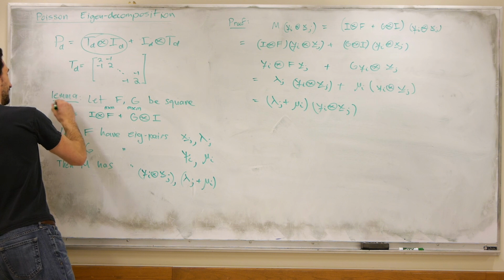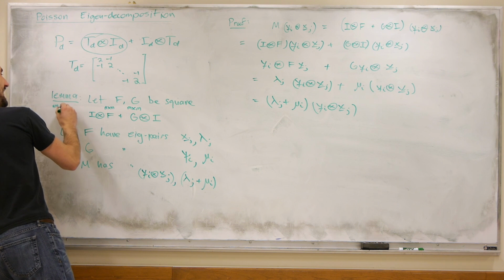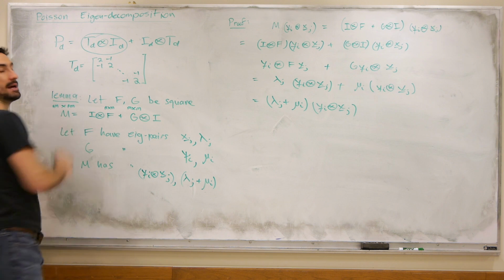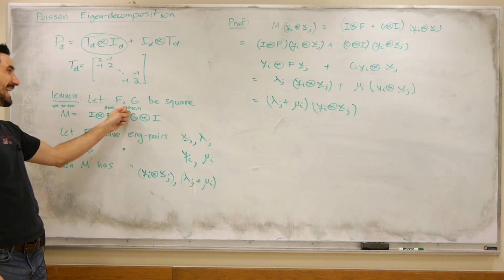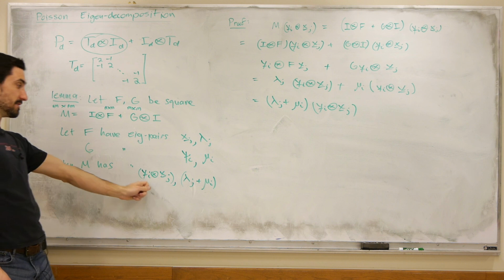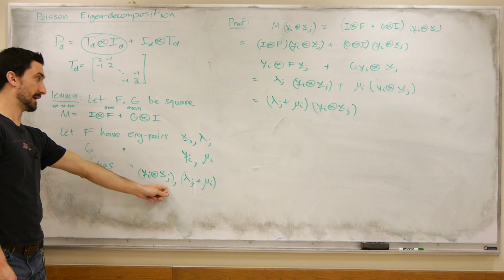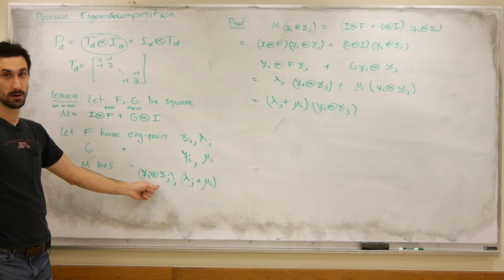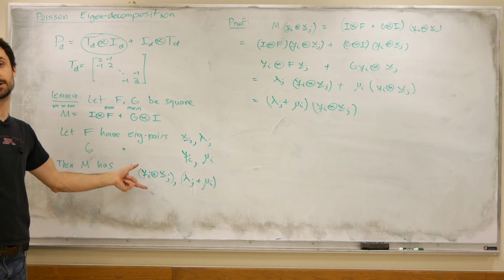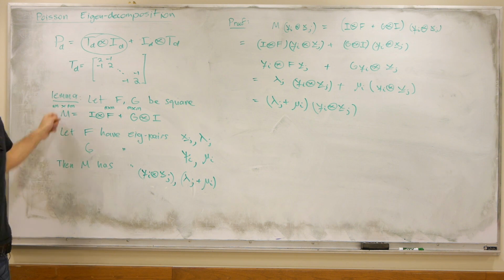Then the matrix M is nm by nm. F has n eigenpairs, G has m eigenpairs. When you combine them like this, there are exactly n times m eigenpairs here. And so that shows this completely determines the eigenstructure of this square matrix.